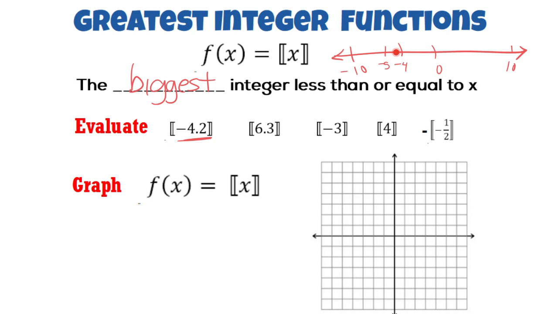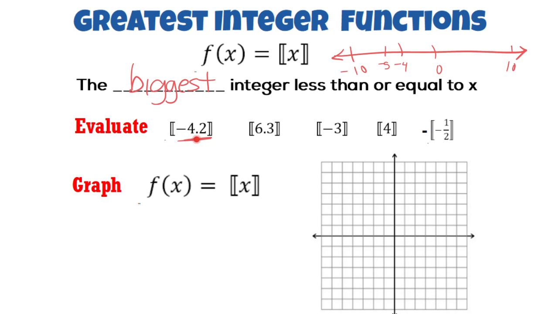Now, I want it to be an integer, but I don't want it to be bigger than -4.2. And bigger numbers are always to the right. So that means I'm going to go to the left to make sure that it doesn't get bigger than -4.2. Because if I go over here to this -4, that's bigger than -4.2.